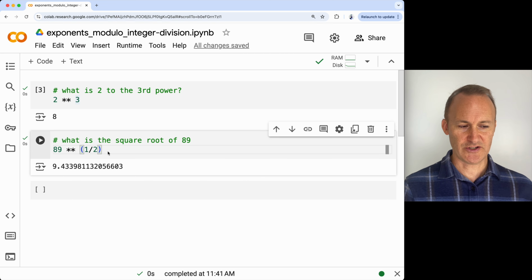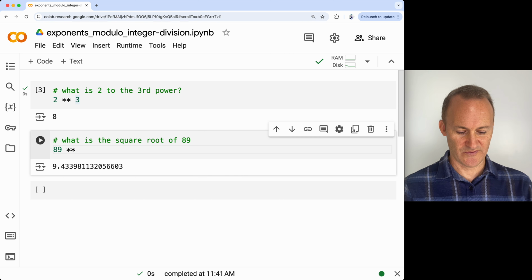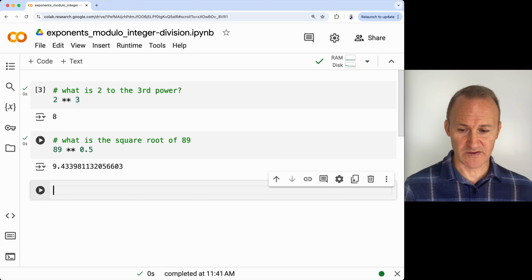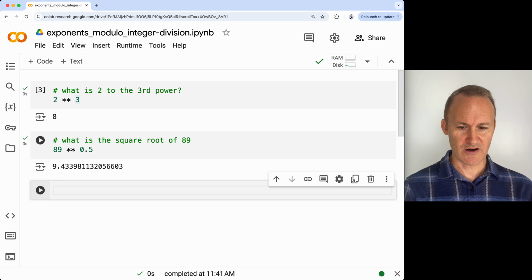But for me personally, I think that's a lot to write, so I prefer 1/2 as 0.5. So whenever you do square roots, you can use double asterisk for exponentiation to the 0.5. This is the best way to do square roots in Python. It's going to be used when you do root mean squared errors for machine learning.